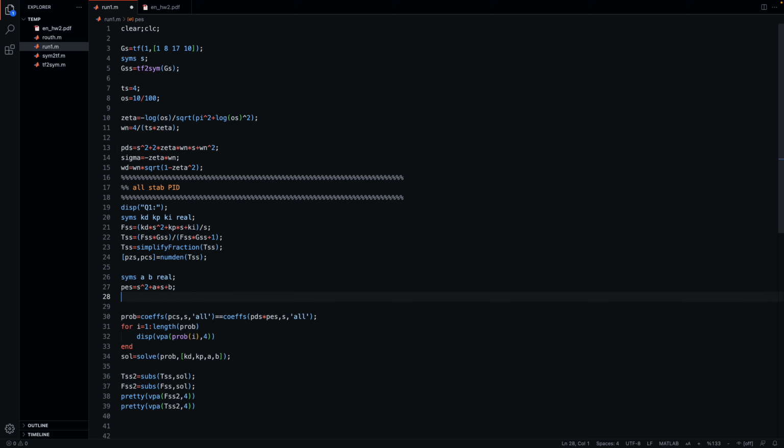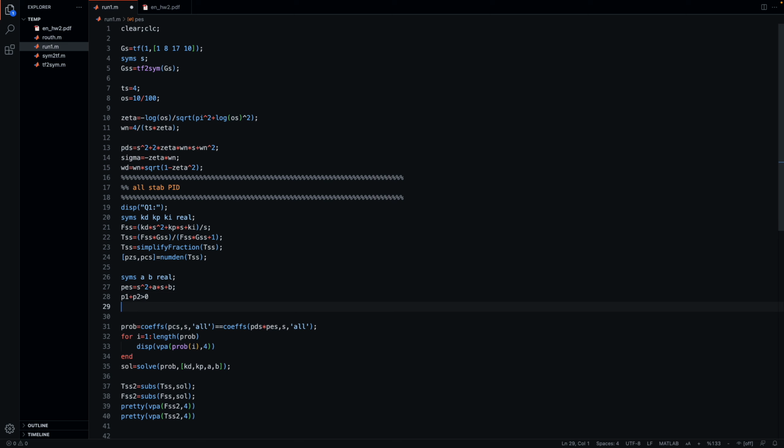So how can I reduce this down to the positivity of coefficients? It basically relies on the fact that the sum of the roots of this polynomial would be positive if A is positive, and their multiplication is also going to be positive if B is positive.